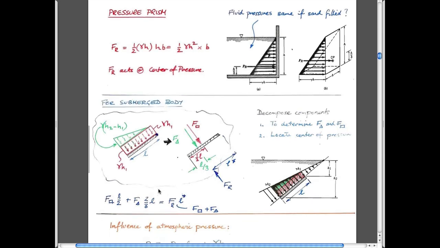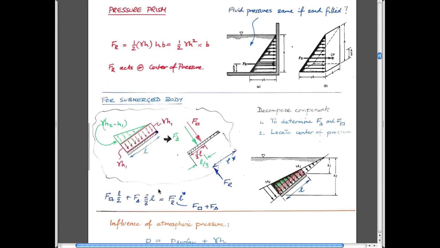For instance, if it's a plane surface that intersects the water table or the fluid, then you can calculate the resultant again by using the same expression we had before, unit weight times area times the depth of the centroid, just by realizing that this is the depth of the centroid, this is the unit weight, and this is the area.